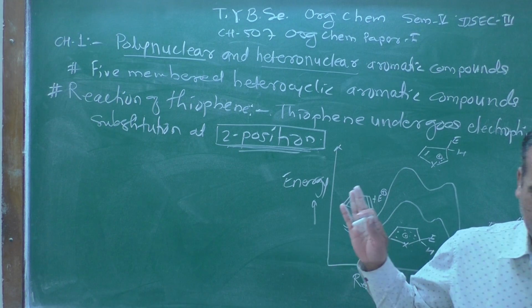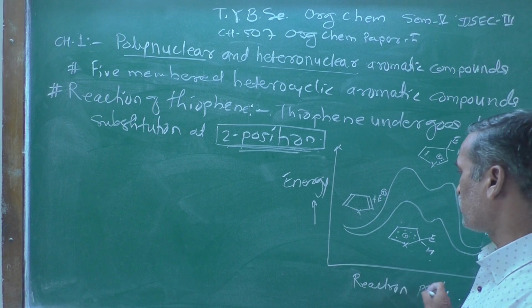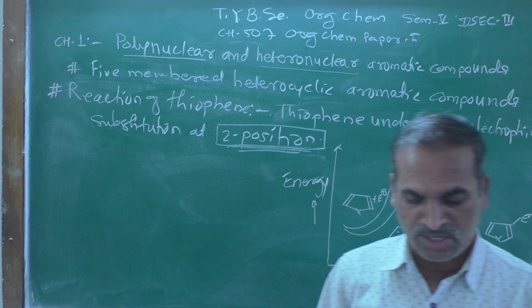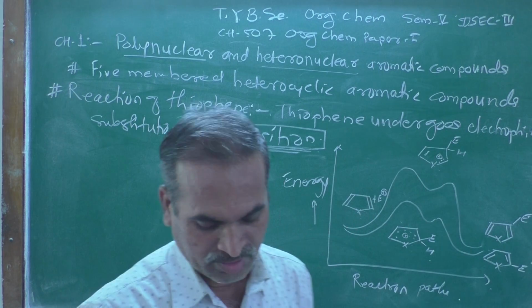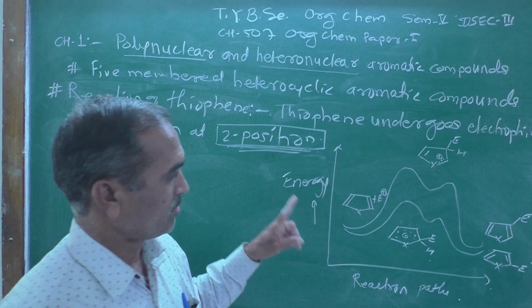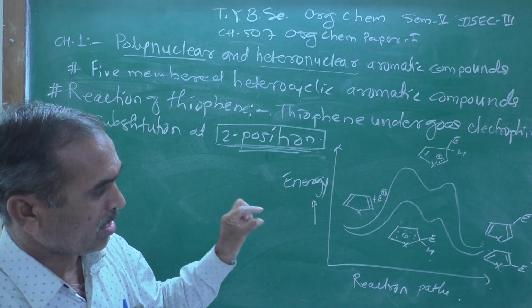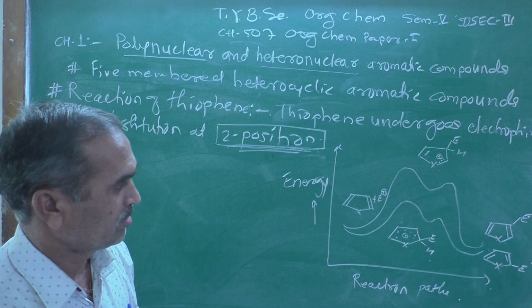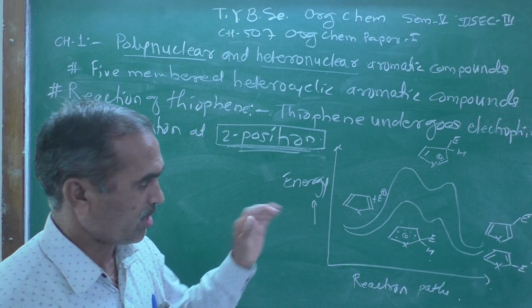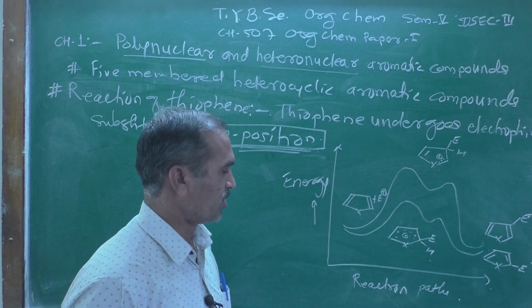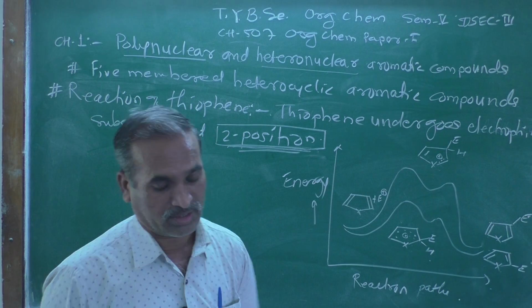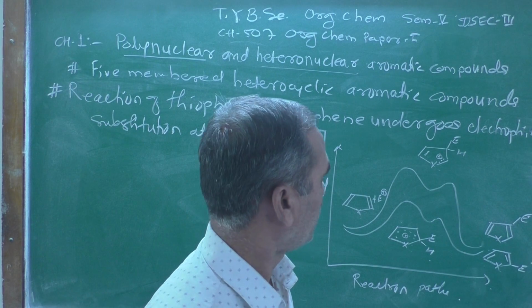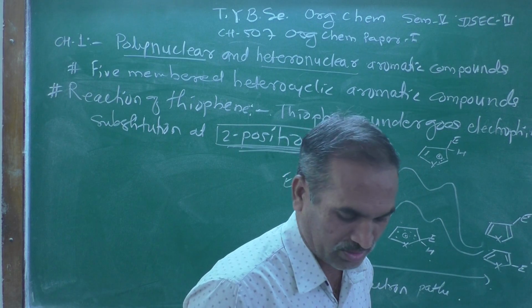The graph is plotted as reaction coordinate versus energy, and that clearly shows that the attack of the electrophile at the 2 position is favored, whereas the attack at the other position, with that energy, is disfavored, or less probable.